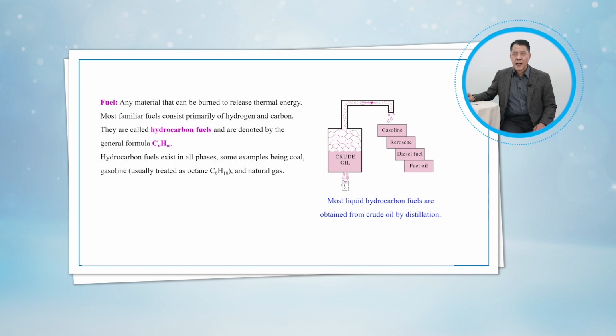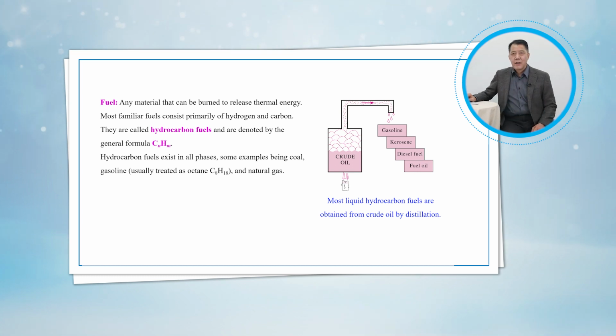Most liquid hydrocarbon fuels are a mixture of numerous hydrocarbons and are obtained from crude oil by distillation. The most volatile hydrocarbons vaporize first, forming what we know as gasoline.